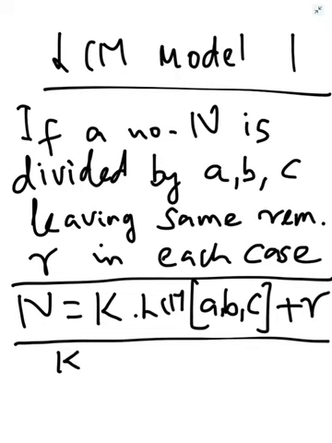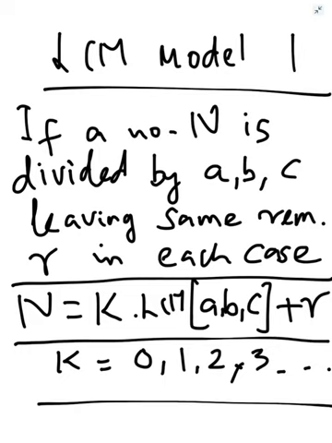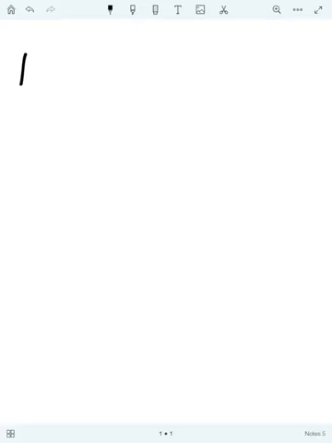K can have any value, as I have told you, any whole number and so on. So this is the general equation of n in the LCM model 1, which is constant remainder model. K into the LCM of the different divisors a, b, c and so on plus the constant remainder r.